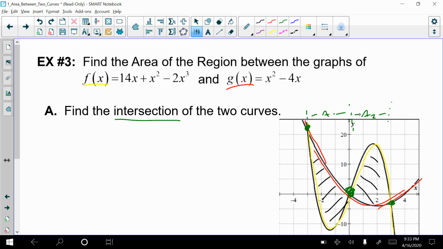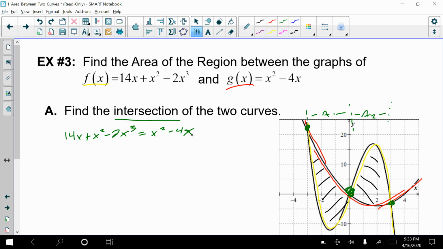So we have our two functions, and the way we're going to find the intersections, just like we've done since systems of equations in Algebra 1, is to set the two functions equal to each other: 14x plus x squared minus 2x cubed equals x squared minus 4x. I want to put this in standard form.